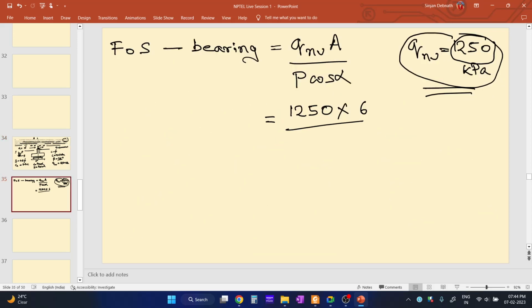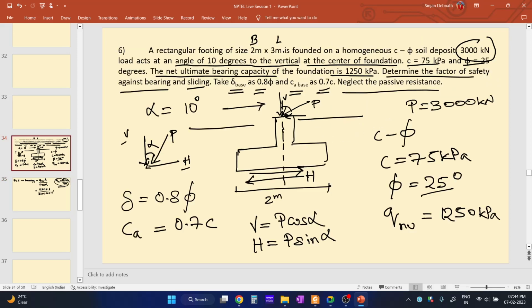P is 3000. Cos alpha, what is alpha? Alpha is 10 degrees. That is the inclination of the resultant load to the vertical axis. 3000 kilonewton acts at an angle of 10 degrees to the vertical.